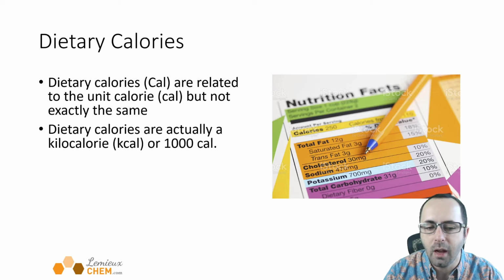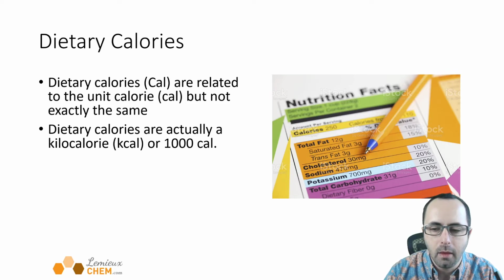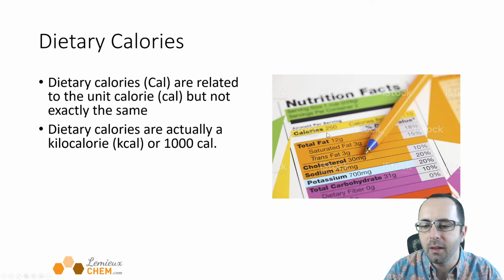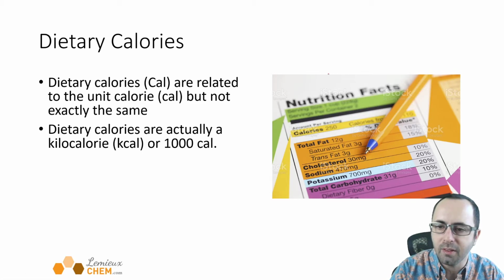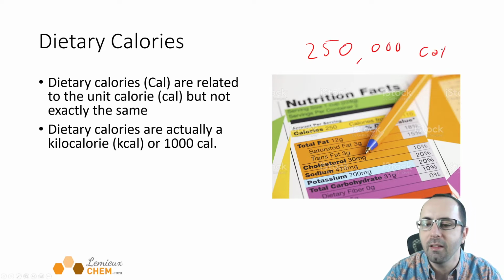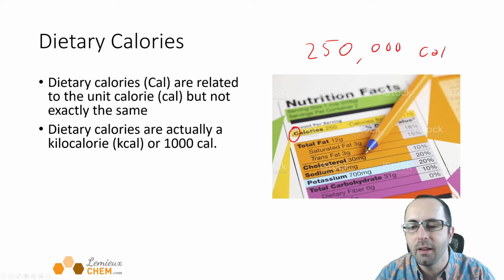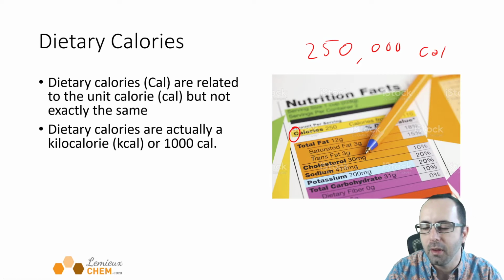Dietary calories are actually 1,000 science calories. They're a kilocalorie. Why? Because if they weren't, this label here would say, instead of 250, 250,000 calories. That's the little calories. The big C calories are 250. They're 1,000 times larger, so you get a number 1,000 times smaller.